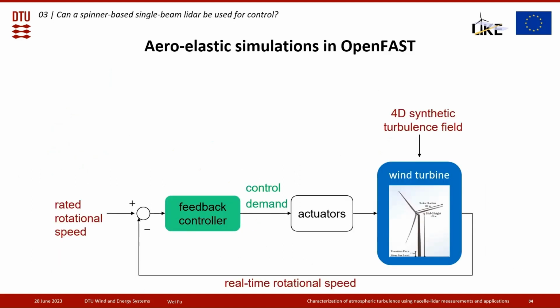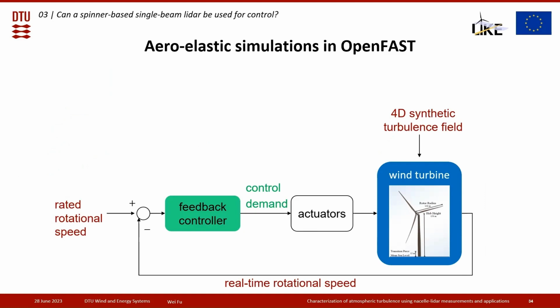Then we run some aeroelastic simulations in OpenFAST. We have our wind turbine model. We first do some simulation without LiDAR-assisted control, so we use just the conventional feedback controller. The feedback controller takes the real-time rotational speed of the wind turbine and compares it with the desired value, which is the rated rotational speed.